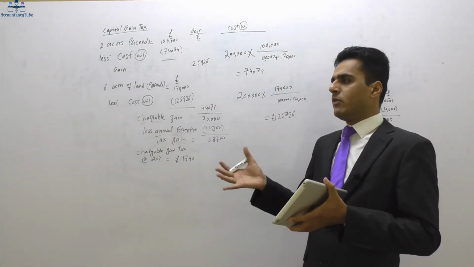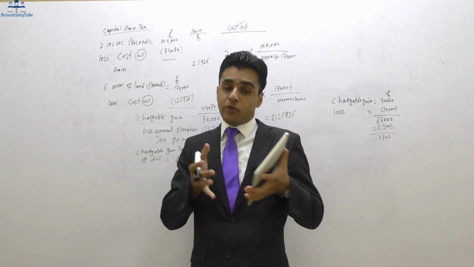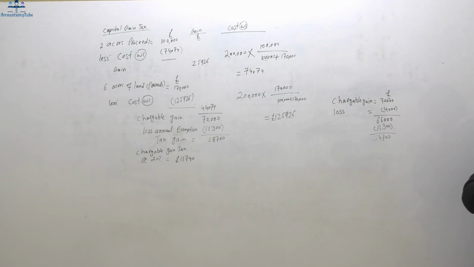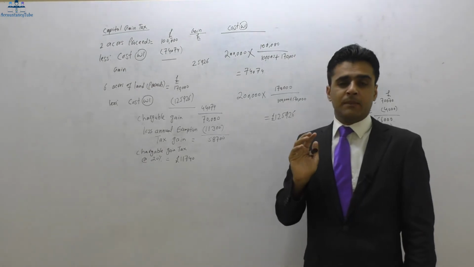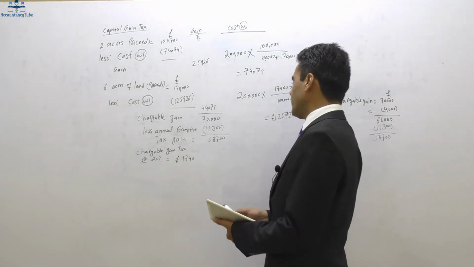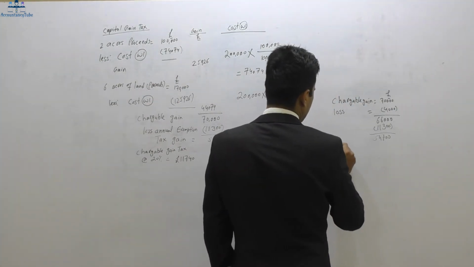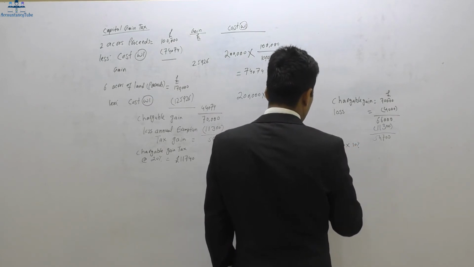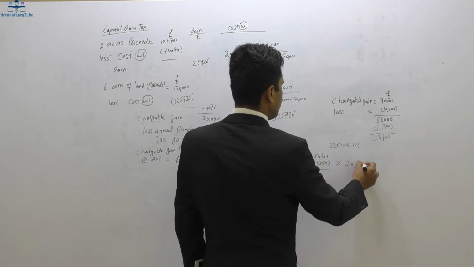When we set off the loss against the general income, we will not be paying any tax on the general income, which eventually means that we will not be using our basic rate band. So in order to calculate the capital gains tax here, on 54,700, up to 33,500, which is the basic rate band, that would be at the rate of 10%, and whatever the remaining amount is, on that it would be at the rate of 20%, right?